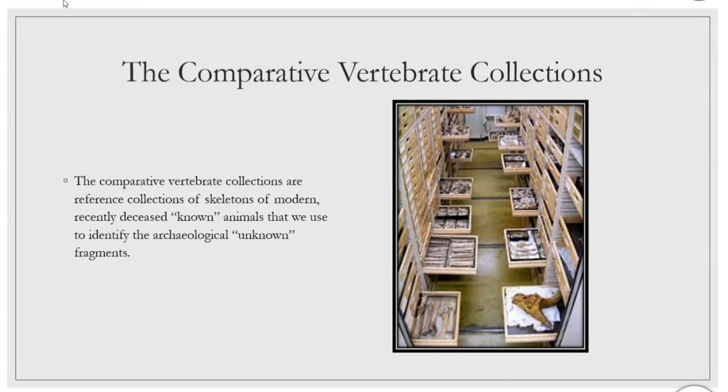And so we use their bodies and their bones to identify the unknown fragments that we have just recently found. Because when you recently find something, you obviously don't know right away what kind of animal it is or what it is in general. So you have to find what it is by getting bones that we already know about from animals and comparing them to the ones we just found. And that's what this collection is for.